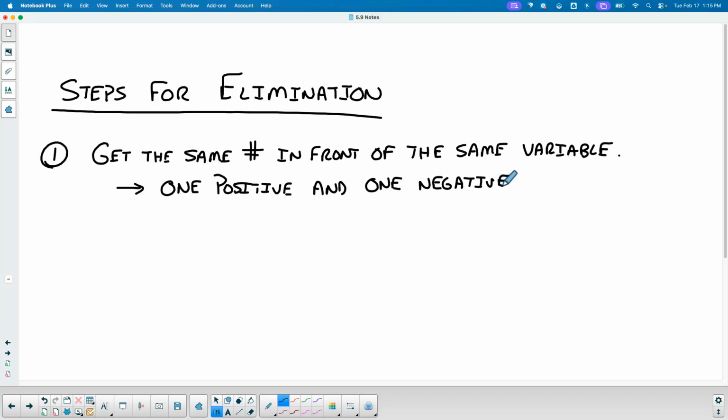One's going to be positive, one's going to be negative. Sometimes that's already set up for us. We call those the jackpots, where it's already done for us.